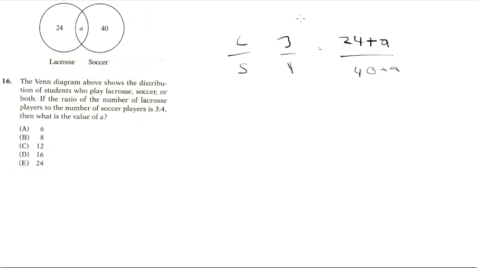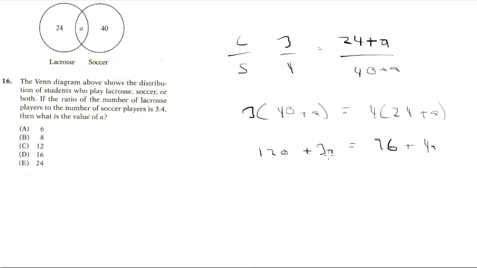So really, here we now know that we have this equation, so we cross multiply. 3 times (40 plus A) equals 4 times (24 plus A). Okay, so 3 times 40 is 120 plus 3A equals 4 times 24 is 96 plus 4A.